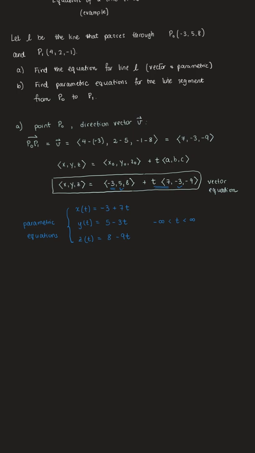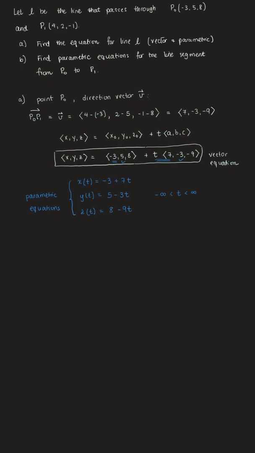Okay, so we're ready to tackle part B of this problem, which is asking for parametric equations of the line segment. So we want the segment from P0 to P sub 1. And we can start from the parametric equations that we already have.